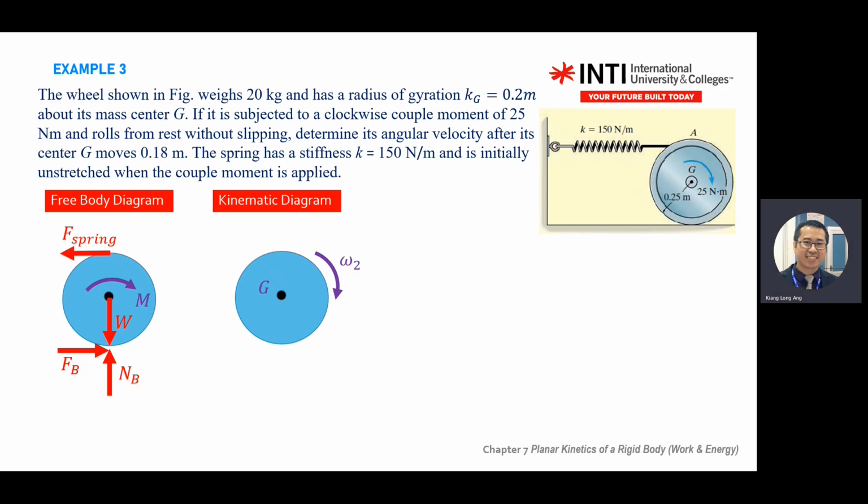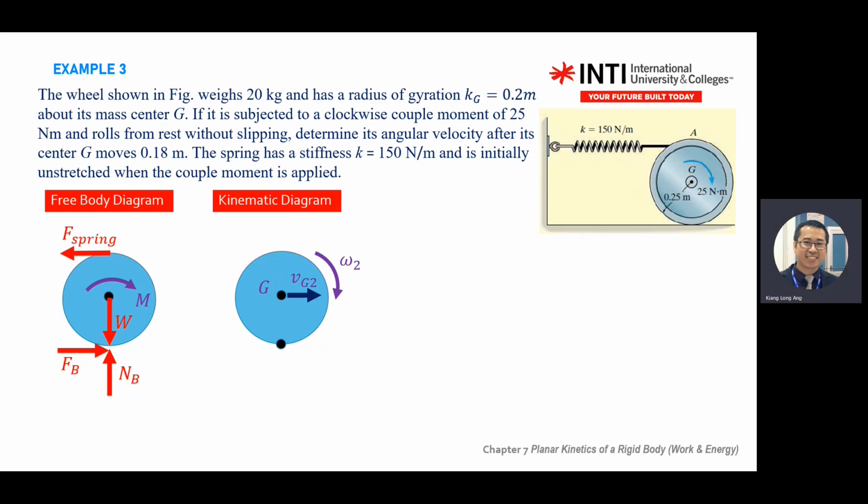So you have omega, you have V. In this case, you can put MA, but if you use the principle of work and energy, you're looking at velocity. So in your kinetic diagram, you put in V and not A. That is the difference compared to other sections.